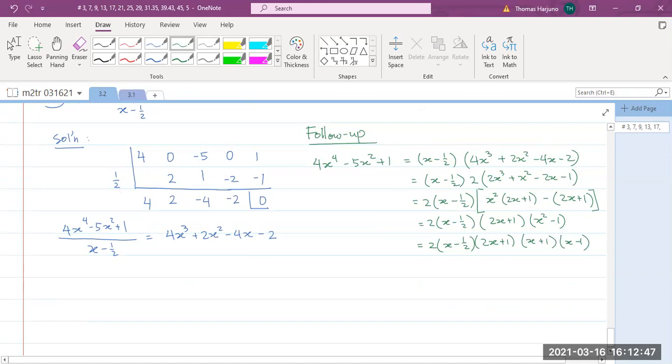Okay. So if I use this as an example of what we will see in the long run, once you know that 1/2 is a 0, therefore it is a factor. And all of a sudden, degree of 4, you factor x minus 1/2 out, you get this degree of 3, which we happen to be able to factor by grouping.